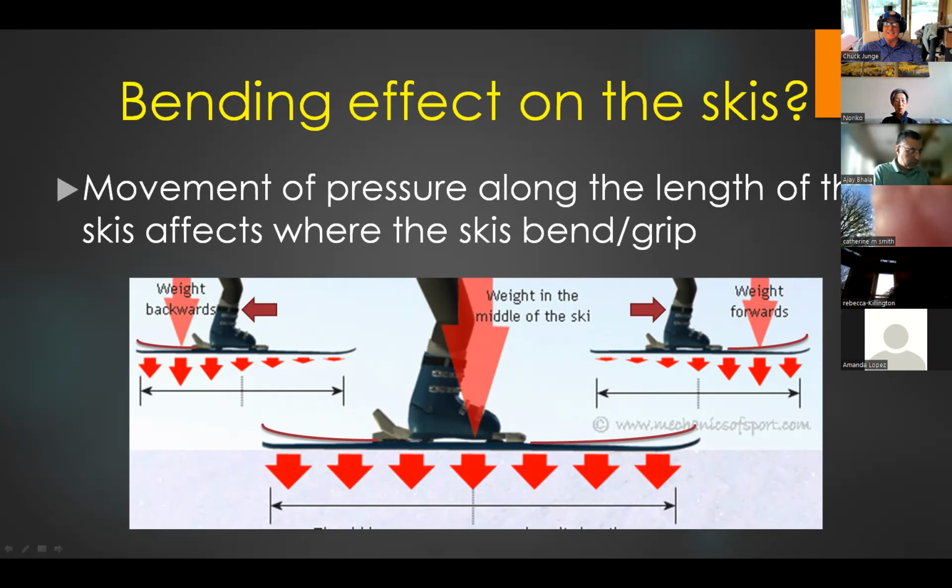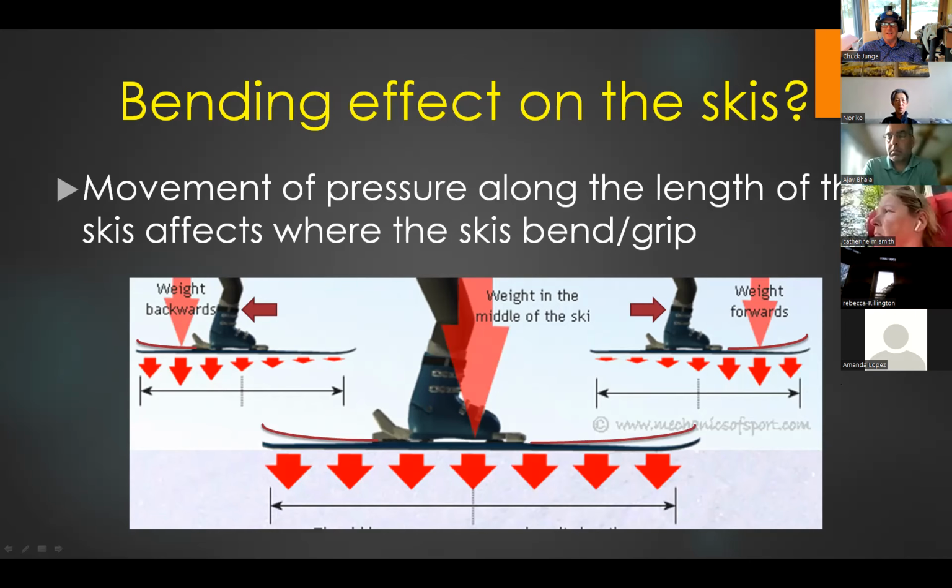I mean, the idea is to get the ski to grip. If we stay forward the whole time and take pressure off the back of the ski, we're not going to be able to get it to grip. It's going to want to skid or slide.